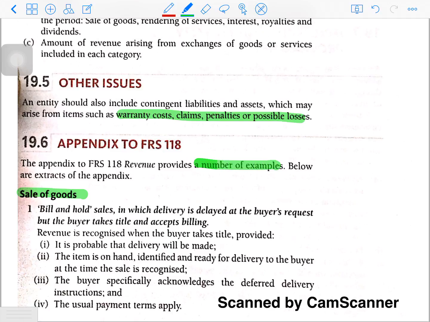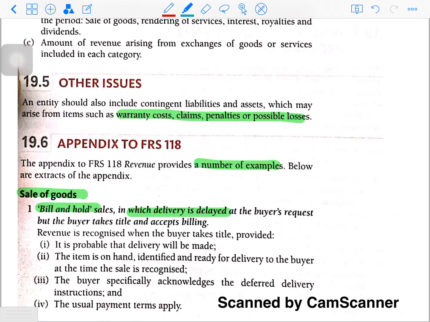FRS 118 sale of goods, bill and hold sales, in which delivery is delayed at the buyer's request, but the buyer takes title and accepts billing. That means they bill but hold the delivery. The delivery is delayed. It is called bill and hold.